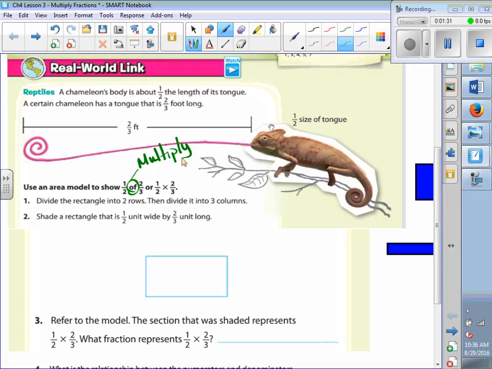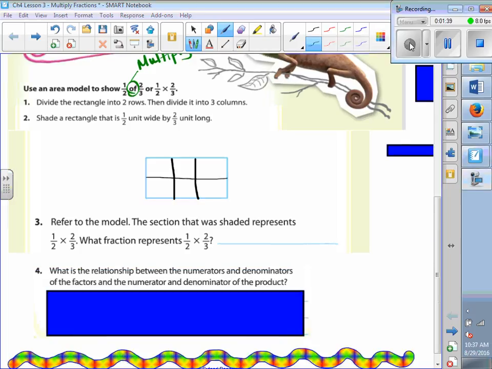Okay? So it says, divide the rectangle into 2 rows, then divide it into 3 columns. Okay, so we divided the rectangle into 2 rows, and then we divided it into 3 columns.